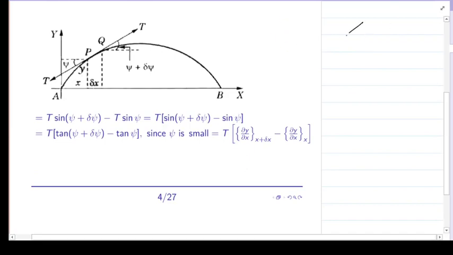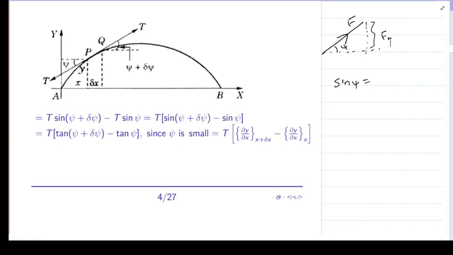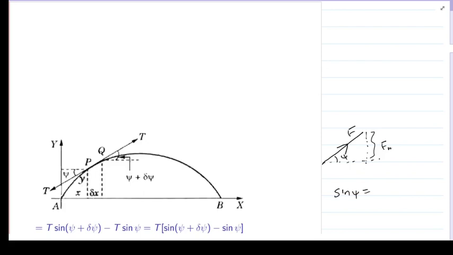If we have a force acting at some point, and an angle psi, we can say that sine psi is equal to the opposite side divided by the force.